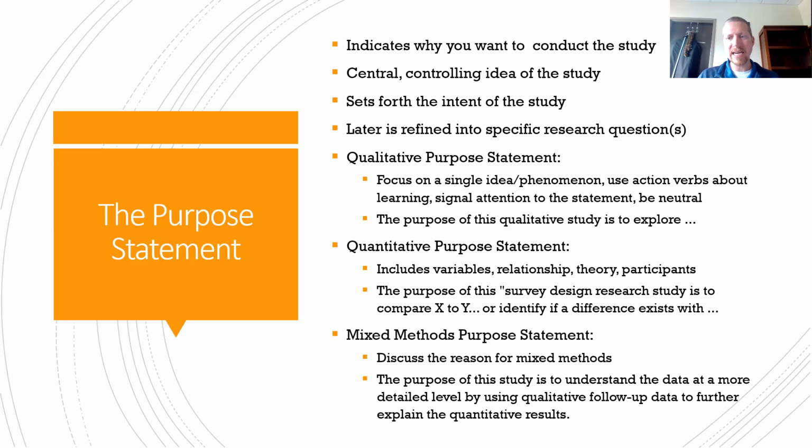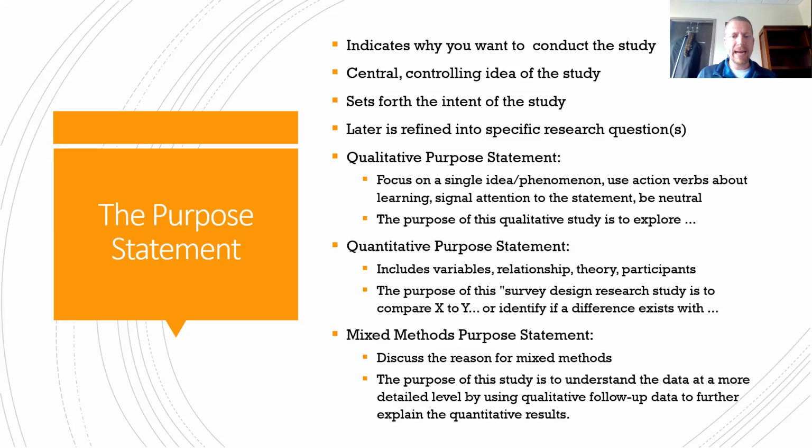Where your quantitative statements are going to include more so your independent and dependent variables, maybe identify whether relationships exist between this variable and that variable. There might be some theoretical thing that you're trying to test in a quantitative purpose statement. You might be looking at differences that exist between participants, those kinds of things.